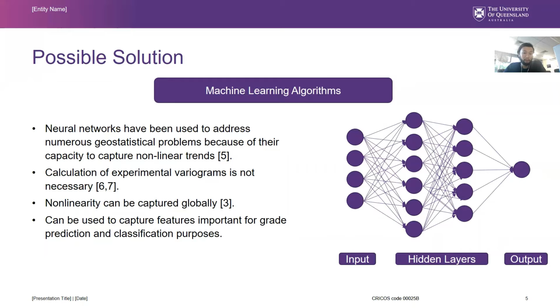No assumptions are made about any factor or relationship regarding the spatial variation of ore, given the availability of drill hole data. So there is no need to calculate an experimental variogram, and non-linearity can be captured globally. Also, machine learning algorithms can be used to capture features important for grade prediction and classification purposes.